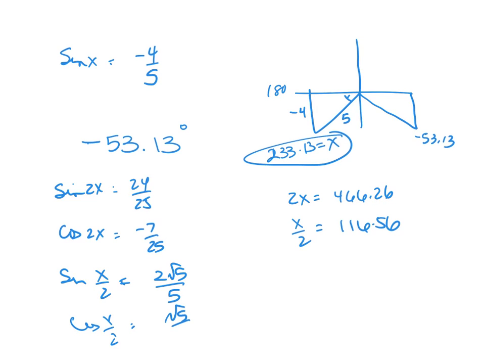Root 5 over 5, and that was negative. Okay, let's see. 2 theta is 466.26. What is the sine of 466.26? It is 0.96. And what is 24 divided by 25 on your calculator? It's really close. You can check it.